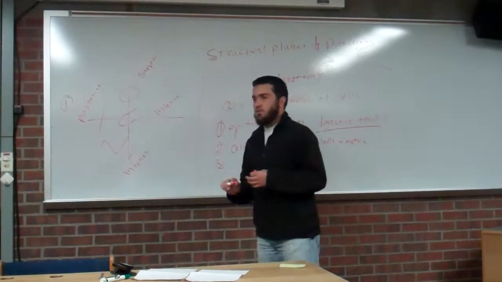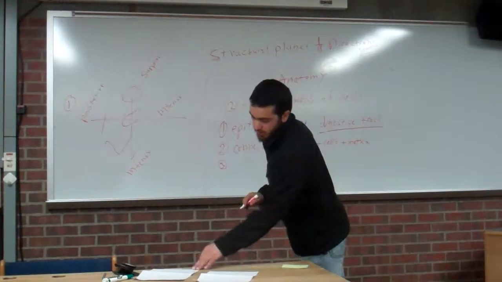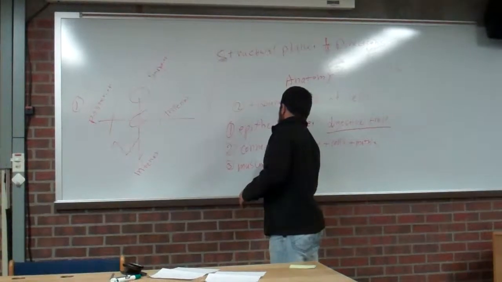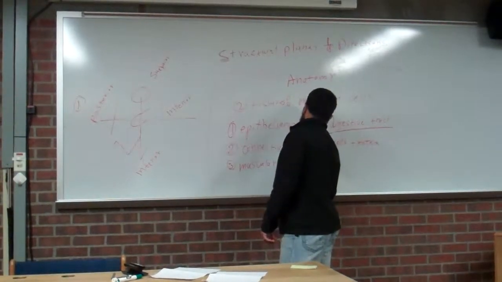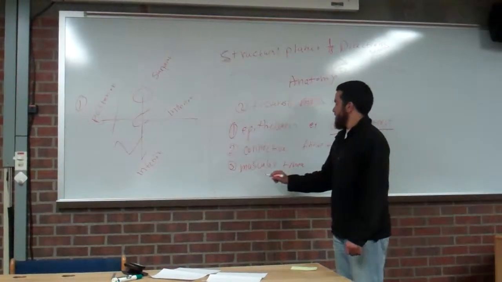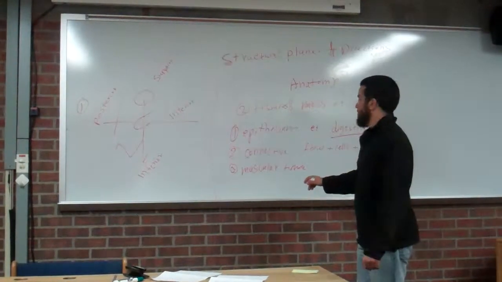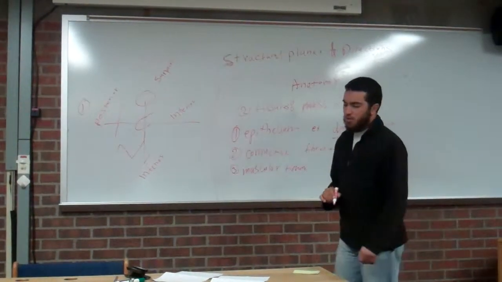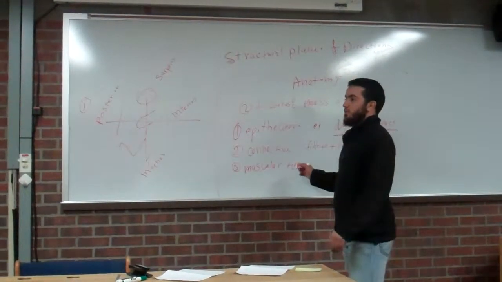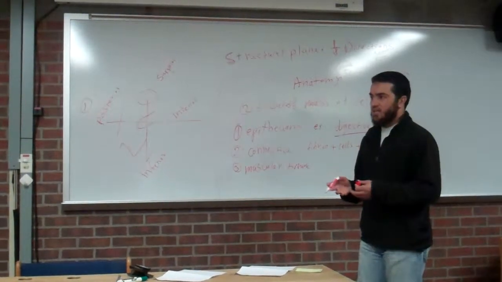The third type of tissue I will talk about is muscular tissue. I think everybody here is familiar with the word muscular. It came from muscle. The important function of muscular tissue is to make you relax and contract.